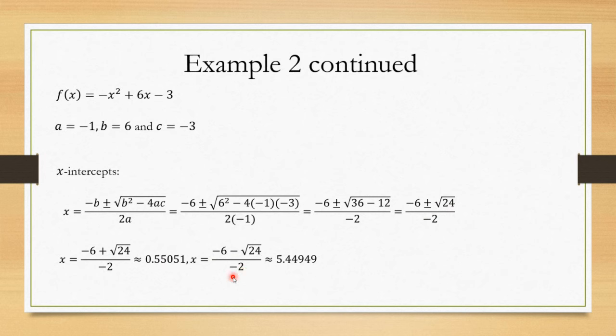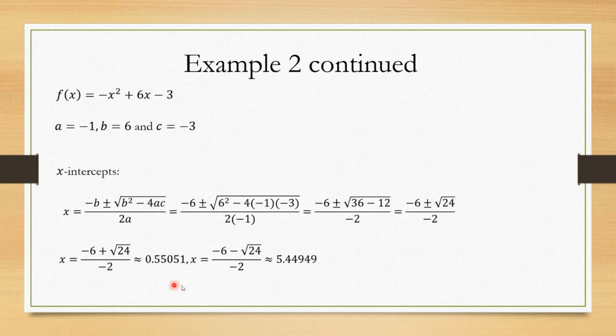And again, I just used the calculator to figure out what these numbers are, mostly because the square root of 24 is not an easy number. It's a long decimal. Actually, I used Excel, but you can use the calculator, of course. And again, I would normally tell you how many decimal places to round to.